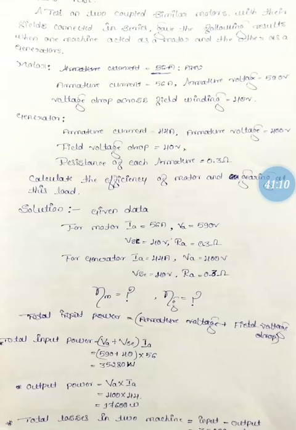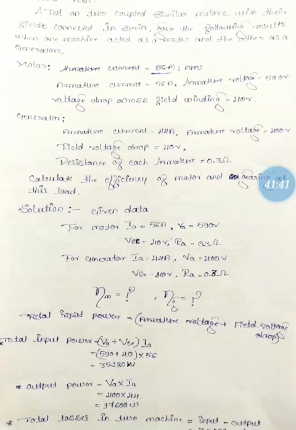Let me consider an example on the field test on DC series machine. That is a test on two coupled similar motors with their field coils connected in series gave the following results when one machine acted as a motor and the other acted as a generator. Motor data is given: armature current of the motor is 56 ampere, armature voltage of the motor is 590 volt, voltage drop across the field winding of the motor is 40 volt.